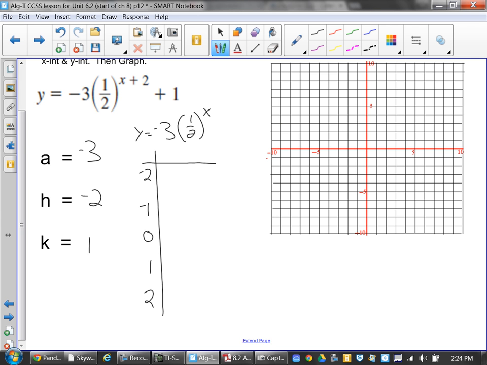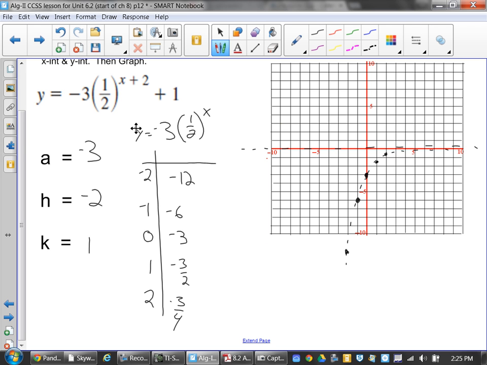Did you get -12, -6, -3? -3 halves, and what was the last one? -3. Okay. We all right with that? All right, we have a starting asymptote at y equals 0, with points (-2, -12), (-1, -6), (0, -3), and so on.